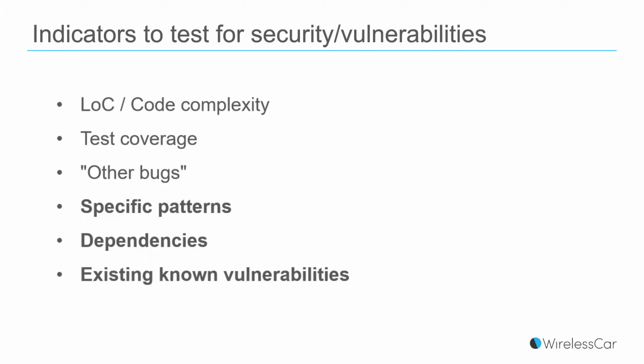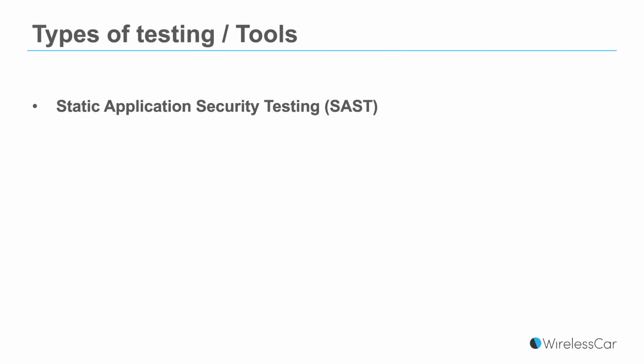If you have existing known vulnerabilities, you're more likely to have more vulnerabilities. The first type of testing that will help find these and make use of these indicators, at least part of them, is the absolutely wonderfully named static application security testing, SAST.